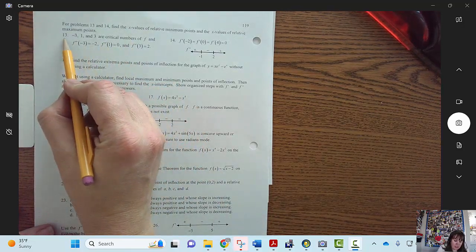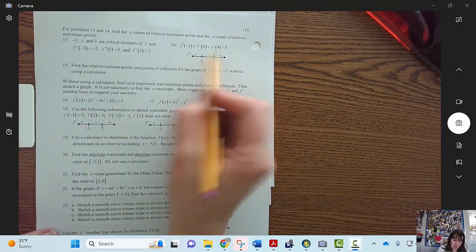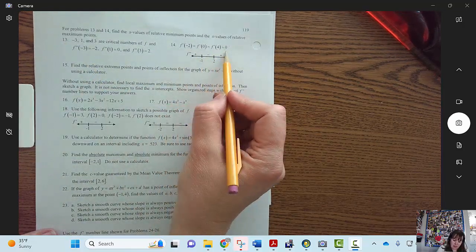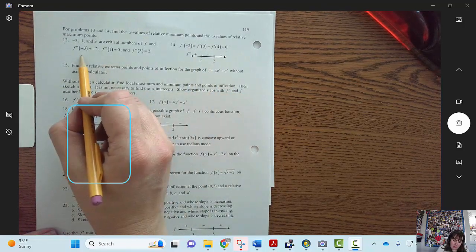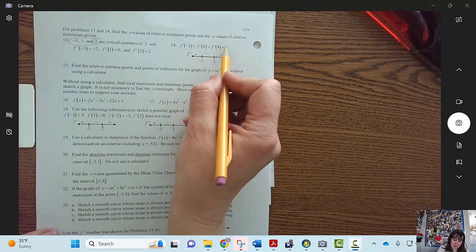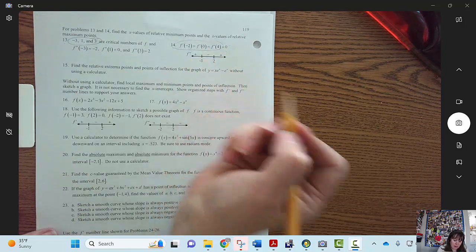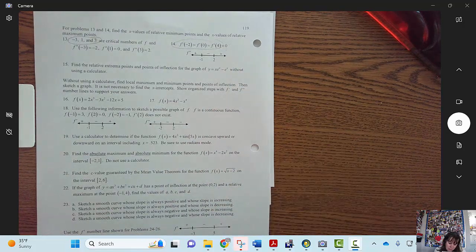So kind of 13 is forcing us to do it a little bit or to think about it. Same with 13 and 14, because for instance, we know that the derivative is 0 at all of these locations. And then what they give us next is the second derivative. So they're definitely going to force us to use the second derivative there.